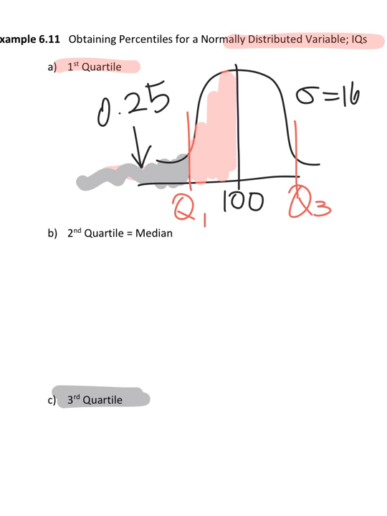So this one, the red one, is another 25%, and this one 25%, and this one is 25%. A probability is given. Now, what do I need?